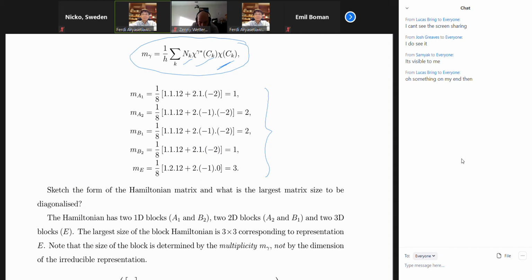So let's check that the dimensions fit. All of these are one-dimensional and this is two-dimensional. So then I have 6 plus 6, so 12. It fits. That looks fine.